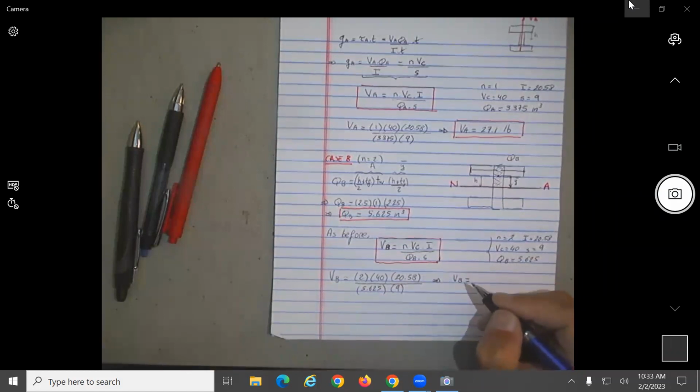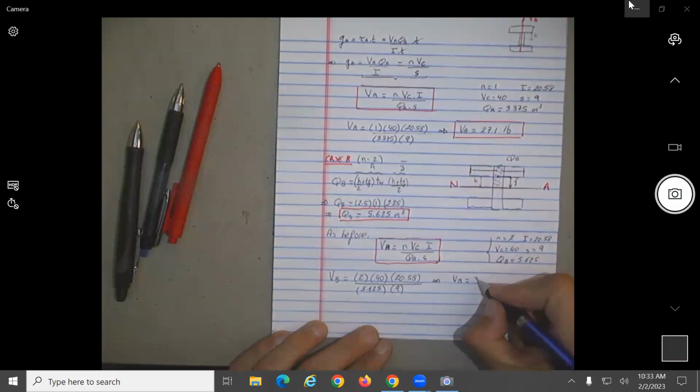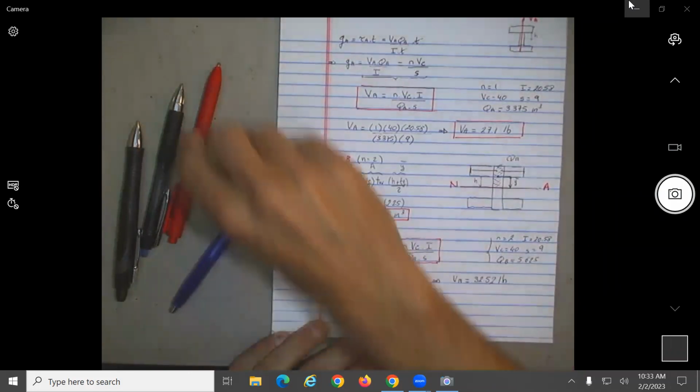So what are you getting for VB? 32.52 pounds.